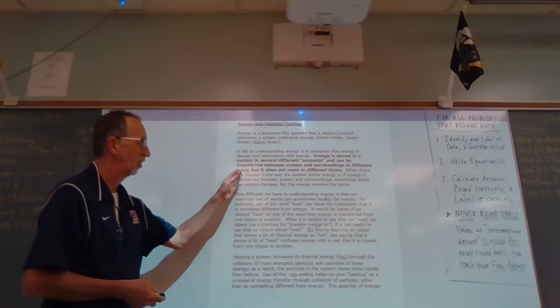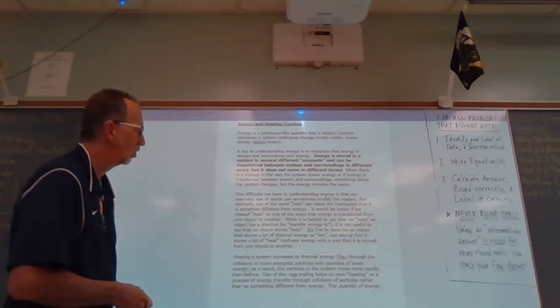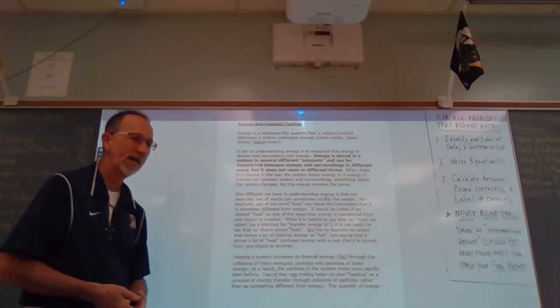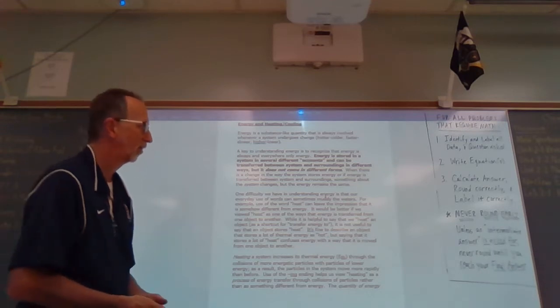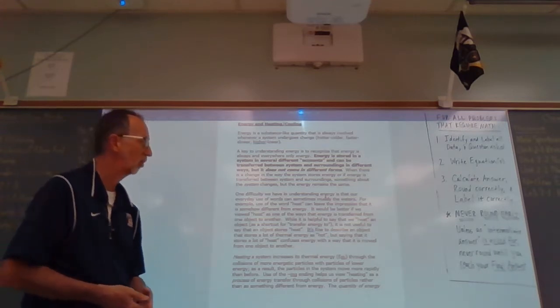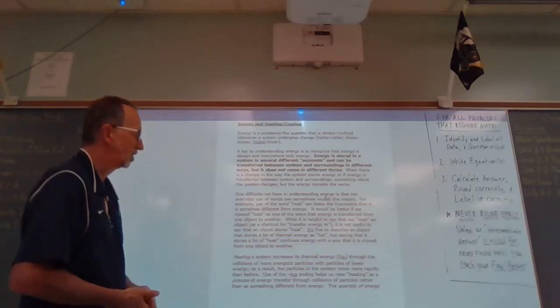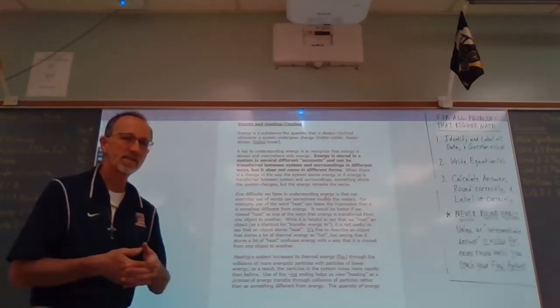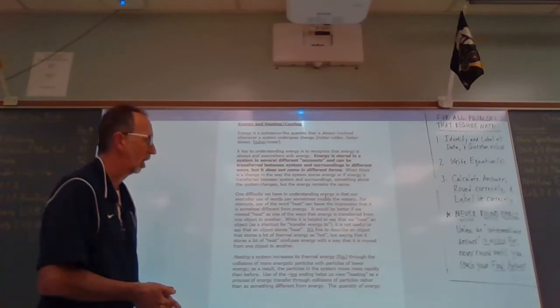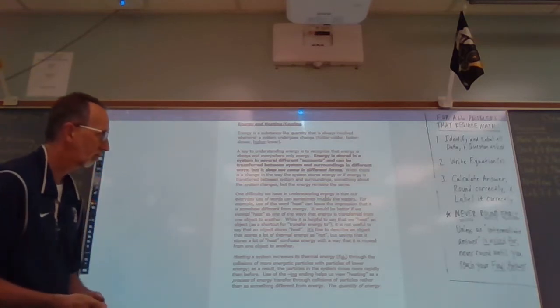Energy is stored in different accounts, can be transferred between a system and its surroundings in different ways, but does not come in different forms. If there's a change in the way a system stores energy, or if energy is transferred between a system and the surroundings, then something about the system changes, not the energy. The energy remains the same.